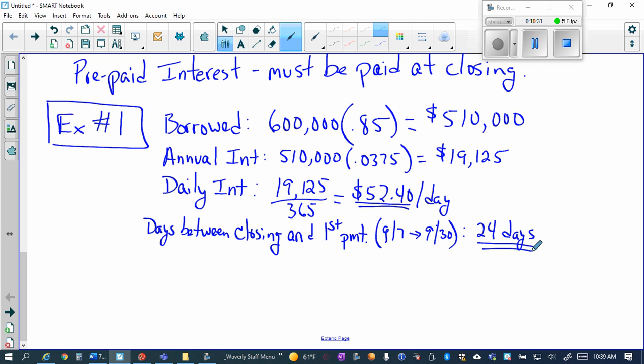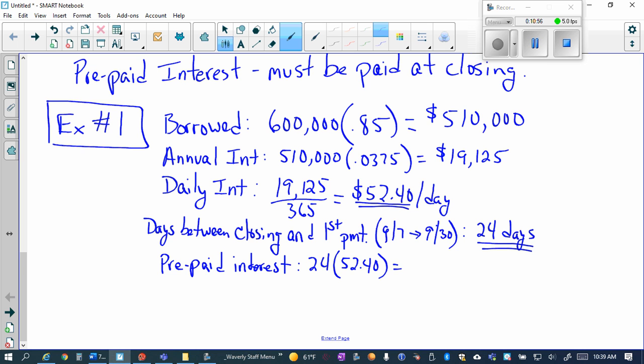Okay? So we take this daily interest and that number of days, okay, and we can get our prepaid interest. So our prepaid interest that we'll need to take care of at closing is going to be 24 days at $52.40 each day that the interest builds up until our first payment.